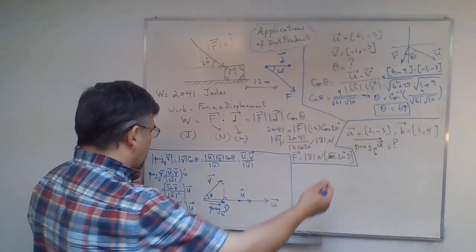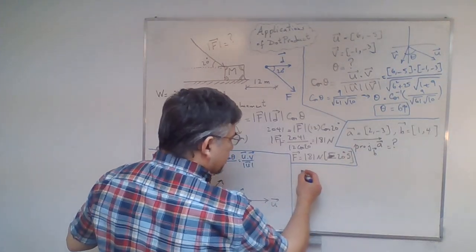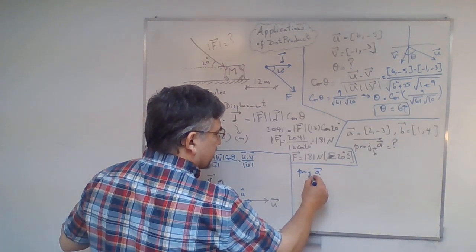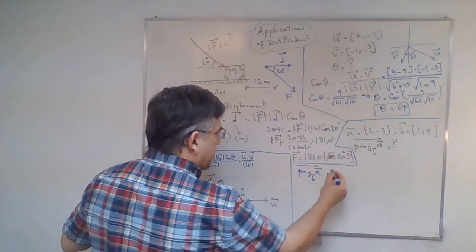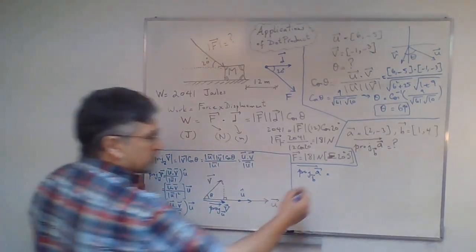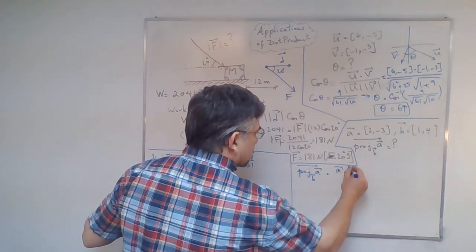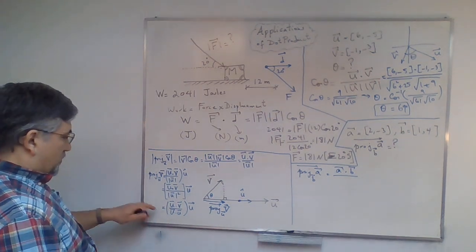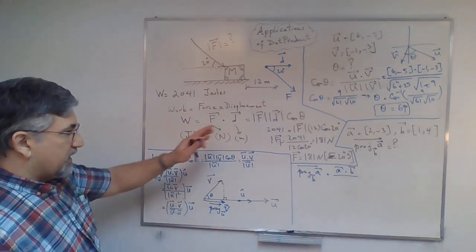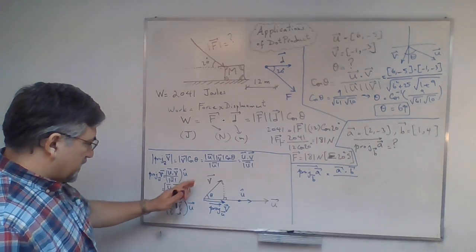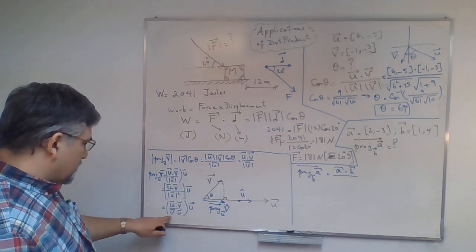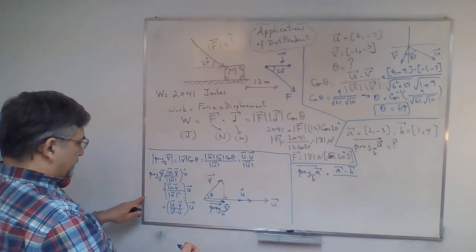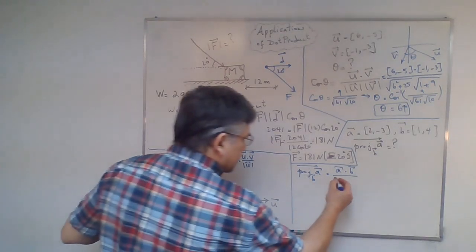Okay, so what I'm going to do, I'm going to write the formula. I'm going to say projection of vector A onto vector B is equal to A dot B divided by, we want to find projection of A onto B. Here it was V onto U. So the bottom is U dot U. Here it's going to be actually B dot B, right?